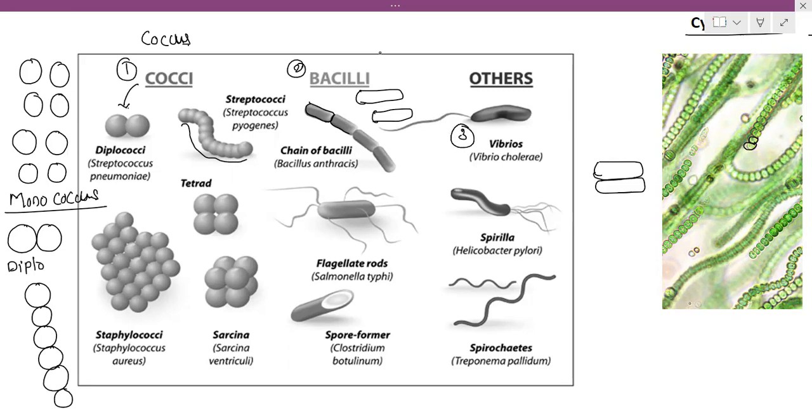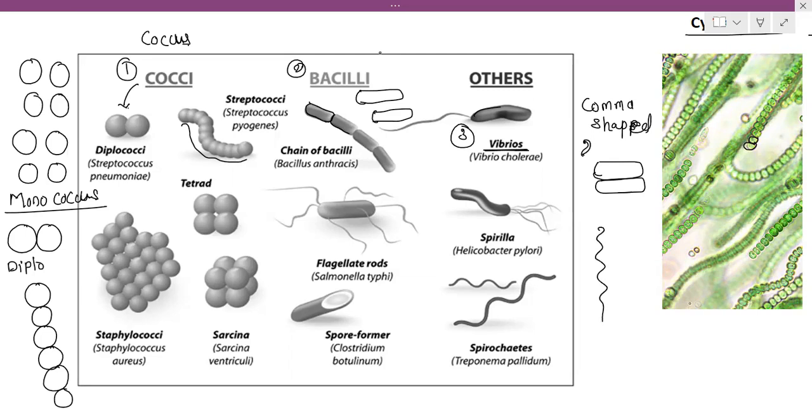Vibrio means comma shape, the way we draw a comma as a punctuation mark. The bacteria that causes cholera is comma shaped, called vibrio. Understanding?